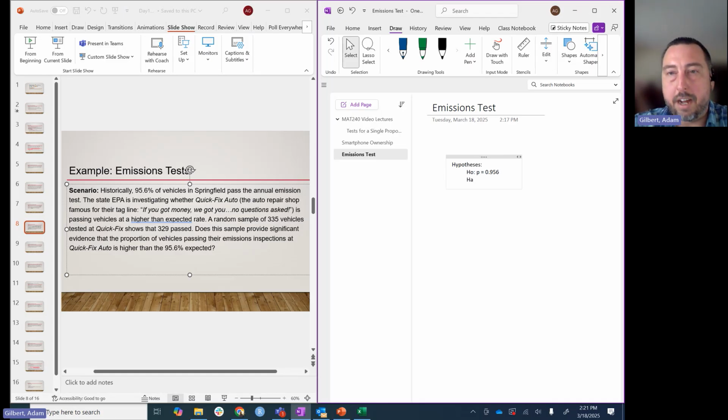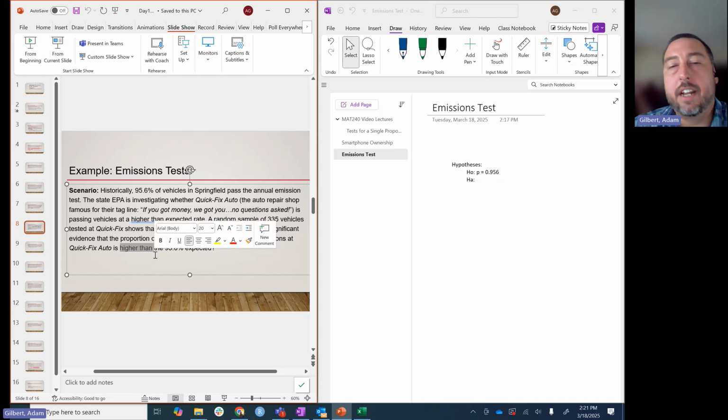The alternative hypothesis that we're investigating now is that perhaps Quick Fix Auto is passing vehicles at a higher rate than what we would expect. So we're wondering whether the proportion there is higher. That's an increase.